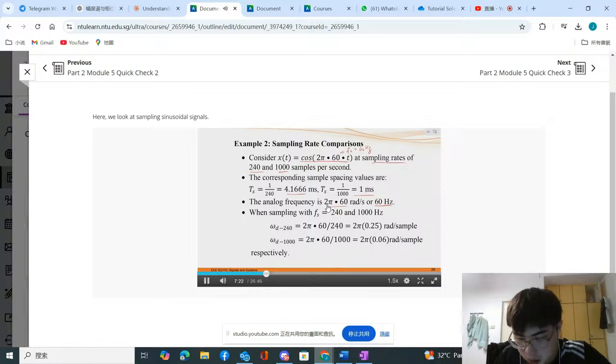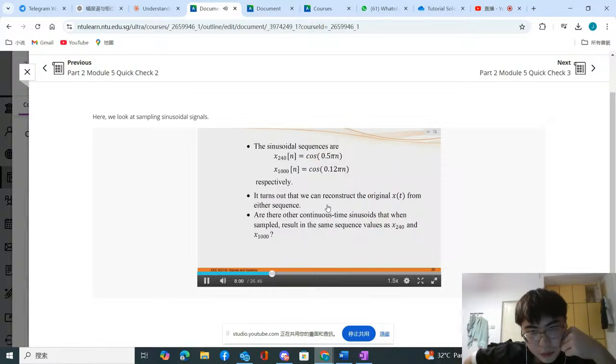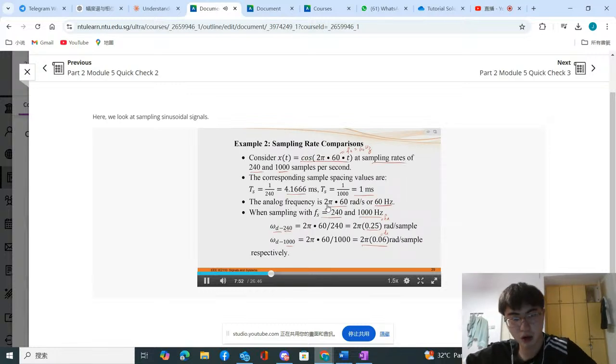So after sampling at 240 or 1000, the omega d for 240 will be 2 pi f divided by the sampling frequency. This is my digital frequency, fd. For the 1K sampling rate, you end up with 2 pi multiplied by 0.06, so the fd here is 0.06. And the unit of omega d will be radians per sample.